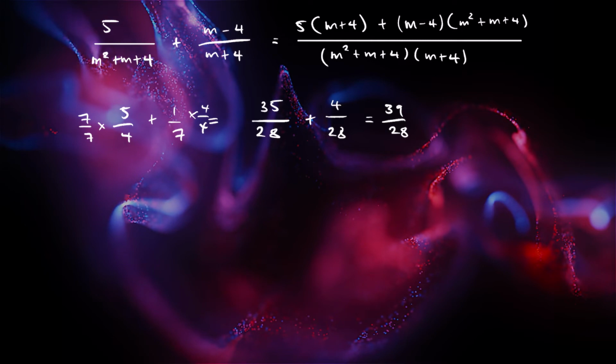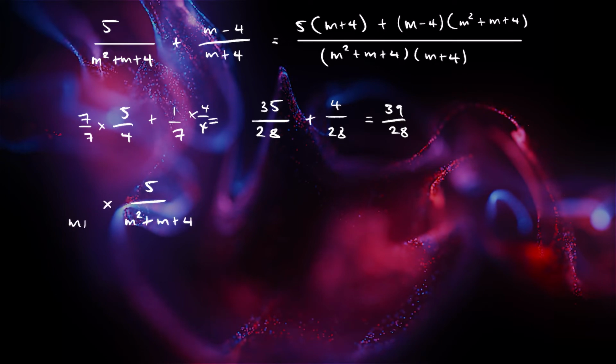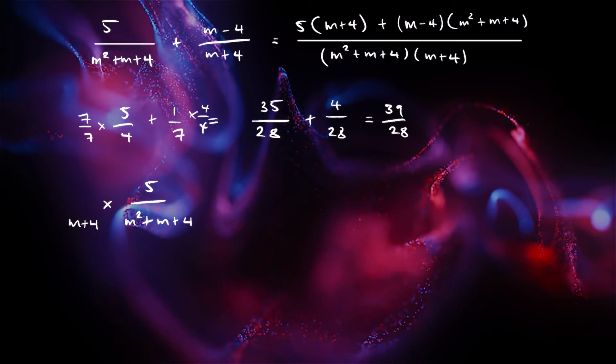We've just got some algebraic terms, right? So I'm still multiplying 5 over m squared plus m plus 4 by m plus 4. But m plus 4 divided by m plus 4 is still going to give me 1, so I'm keeping the equation constant. And the same is true for the other side.